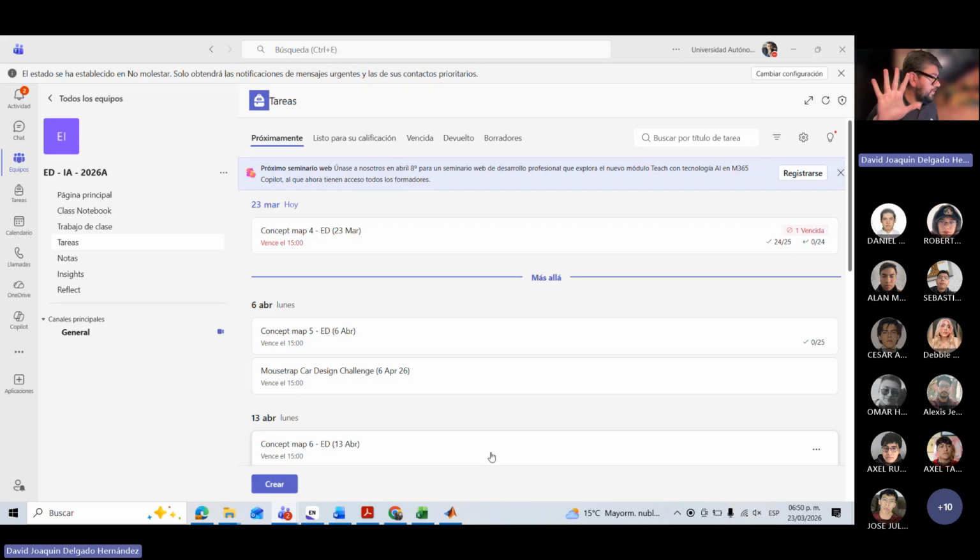I am writing this down in the WhatsApp for the mousetrap car challenge. Five teams of 5 people.